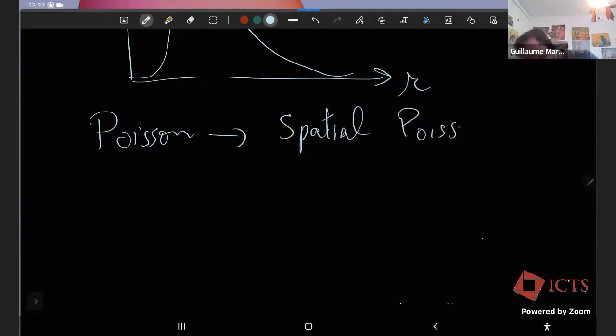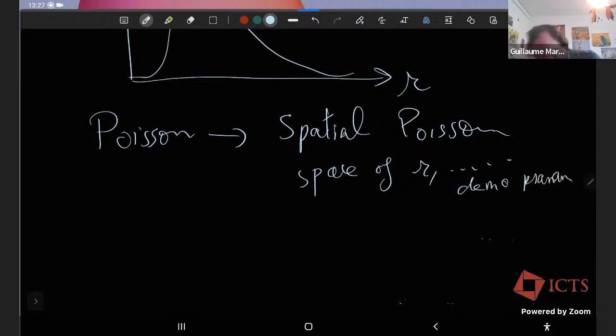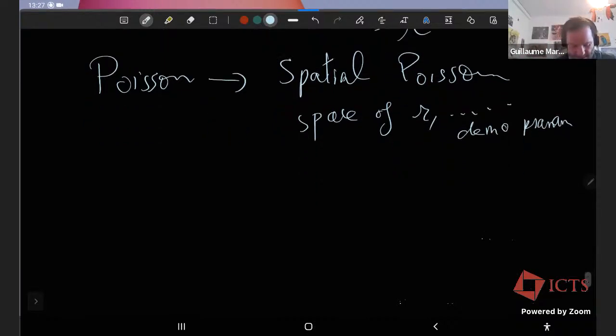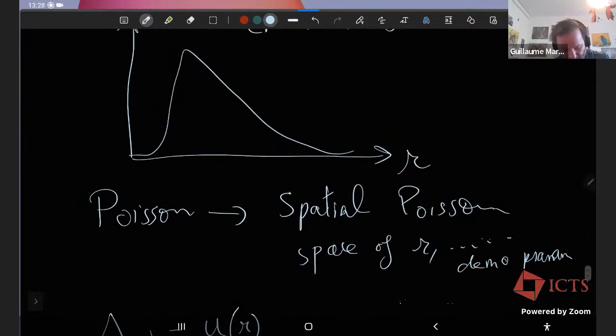And now it's on the space of genotypes, space of R, and if you want, other demographic parameters. So now it means that your de novo rescue, lambda de novo, it was U, now it's U of R, in the narrow area, in this space.